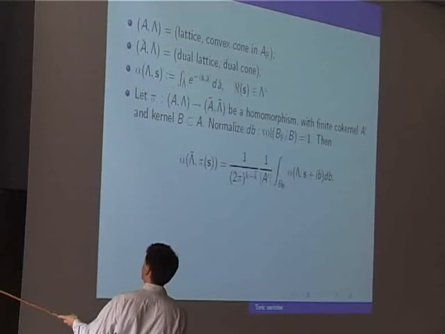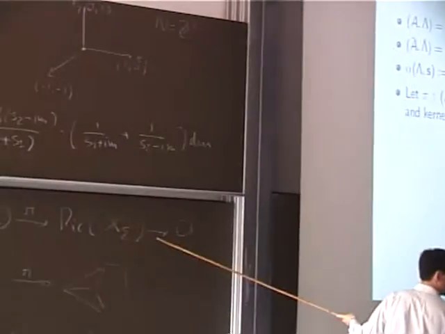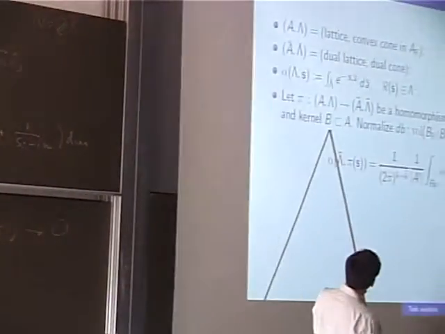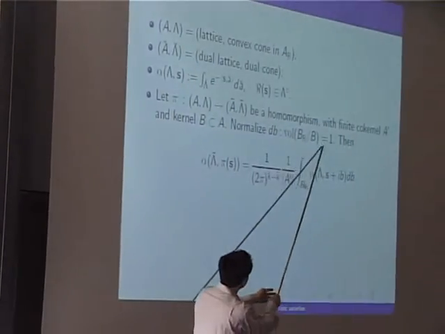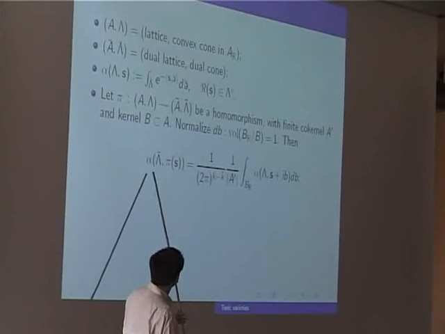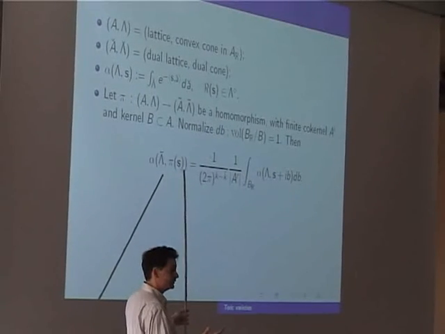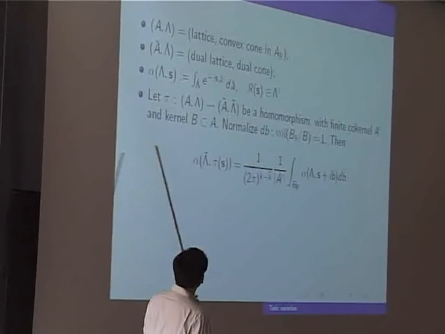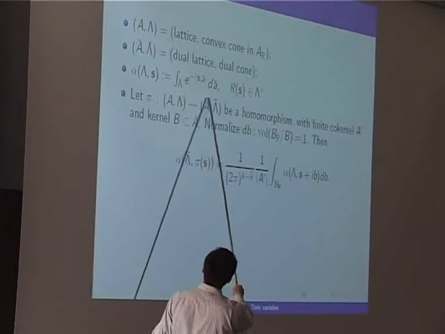Here there is no co-kernel, but remember when we have the gamma invariance, we have a finite co-kernel. And then we have some kernel, then we normalize the volume somehow.